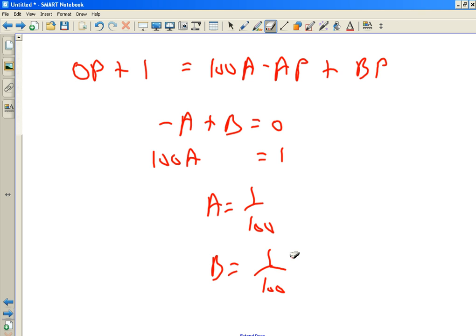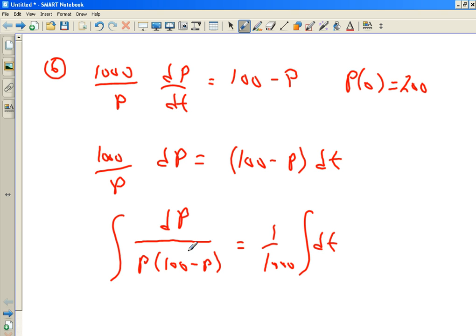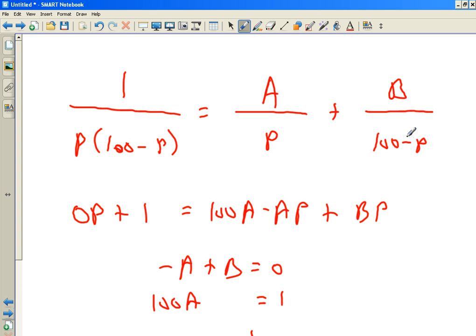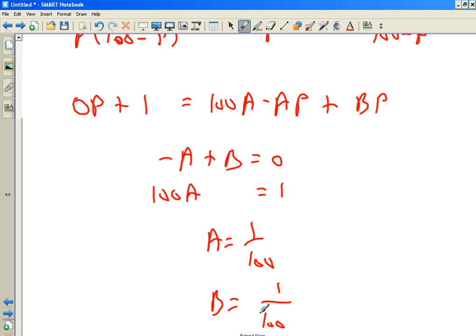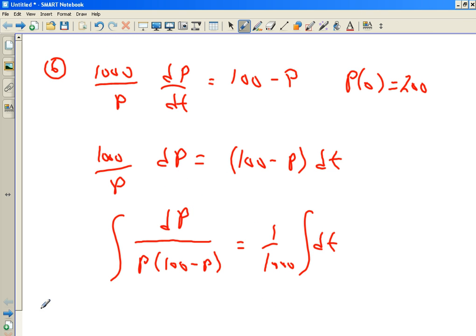All right, so why do we do all of that stuff? So we can integrate that. We're going to rewrite this as a over p plus b over 100 minus p, but a is 1/100th and b is 1/100th, right? So let's do that.